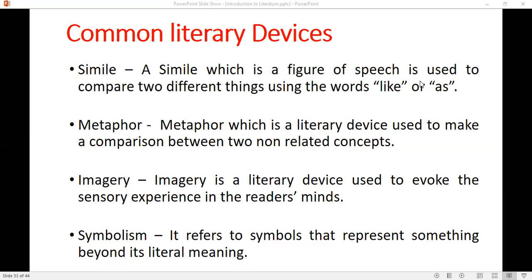When you read that novel, you can understand America symbolically stands for the Western culture, and India symbolically stands for the culture of Eastern people.